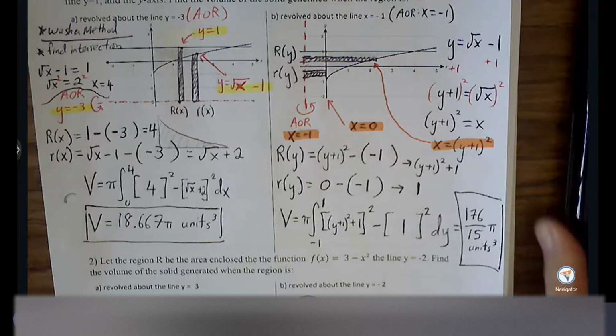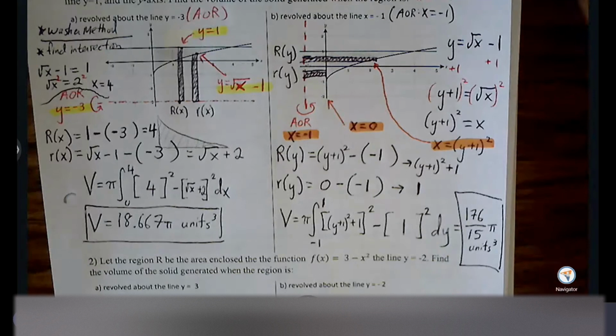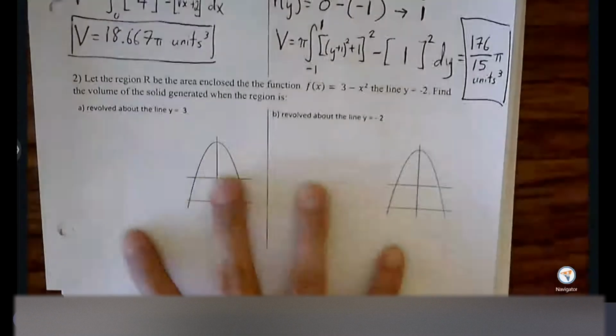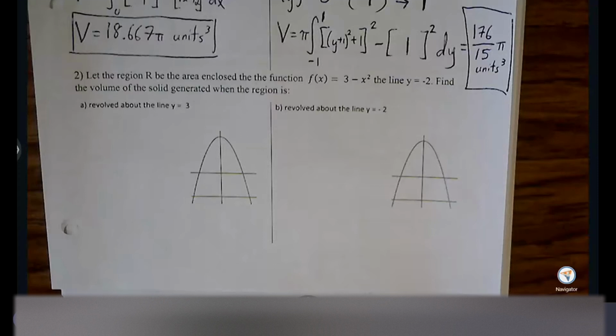All right, let's go to the bottom of the page, number 2. So I have the 2 graphs shown, the parabola that's opening down with a vertex at (0, 3), and the line y equals -2.